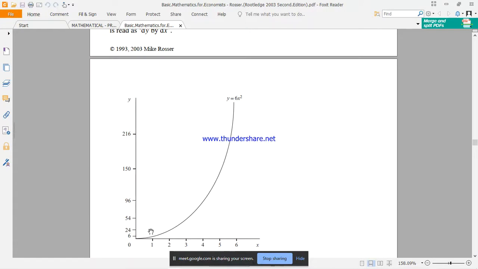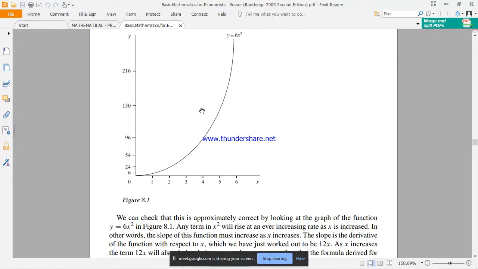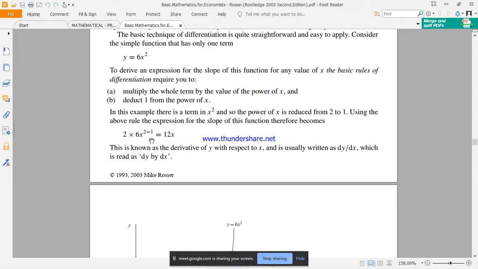That is why we have something going like that. So that's what the slope tells us. The slope is telling us that if I change x by 1 unit, what will be the response in y? As we can see here, if I have this function and find the derivative, it is telling me that if I change x by 1 unit, y is going to increase by that factor.